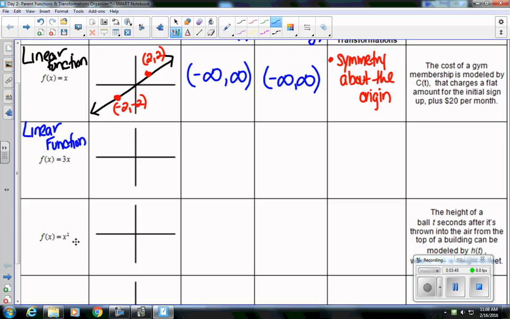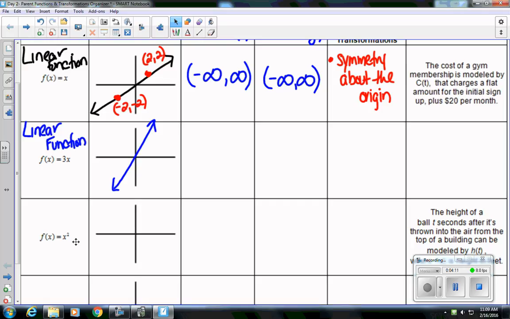And if you remember from transformations, a 3 in front means that it's being scaled vertically, which means it's being either stretched or shrunk vertically. So it's going to be getting taller or shorter. And because it's a 3, it's larger than 1, it's going to stretch. So we're still going to have a straight line, but it's going to be a little bit steeper.